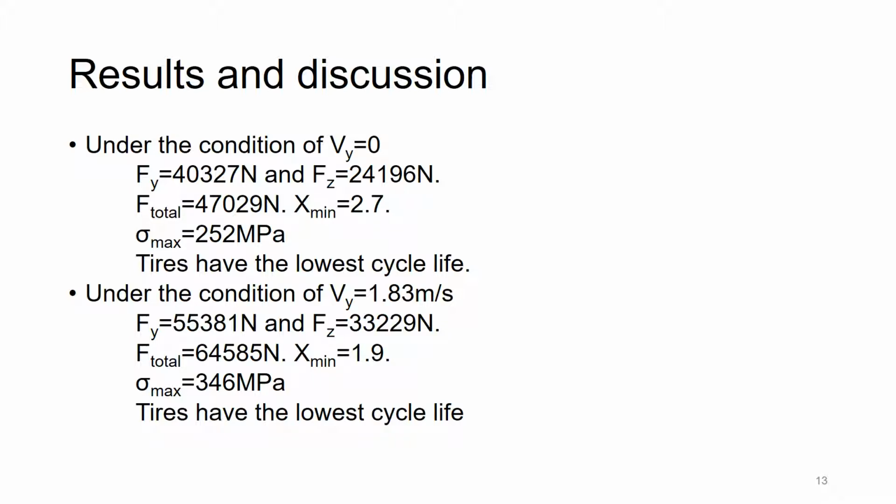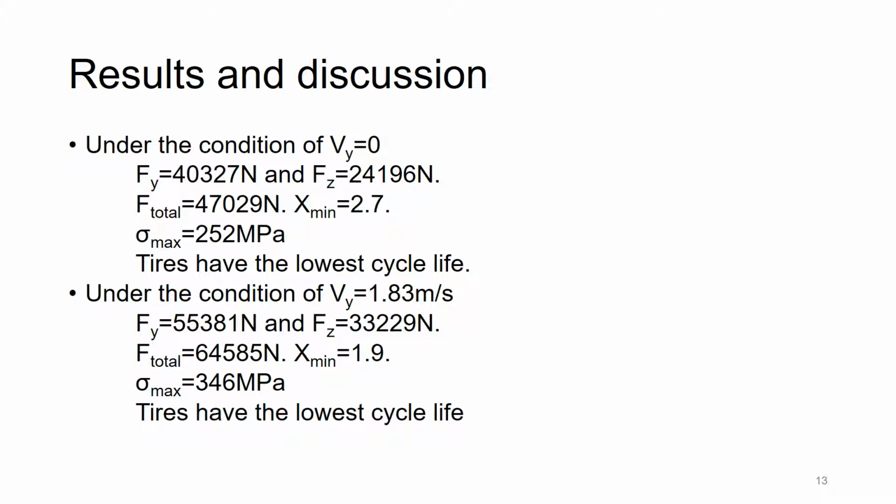And also under the other extreme condition of Vy equal to 1.83 meter per second, we can see that similarly the force in the vertical direction is bigger, 55,000. And the horizontal direction force is also bigger, 33,000.